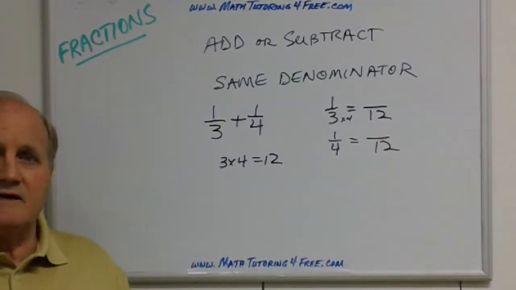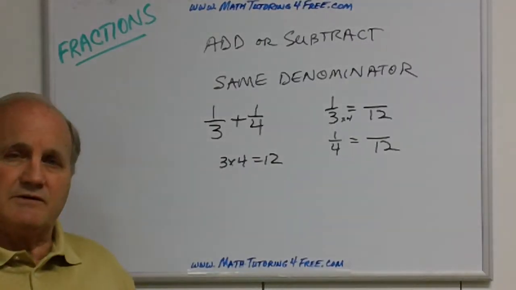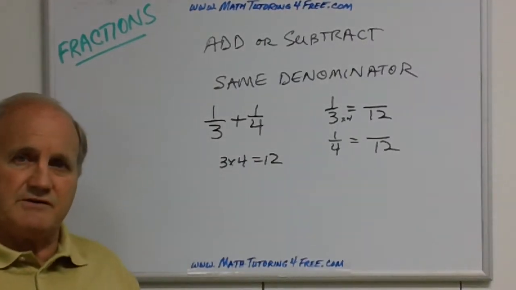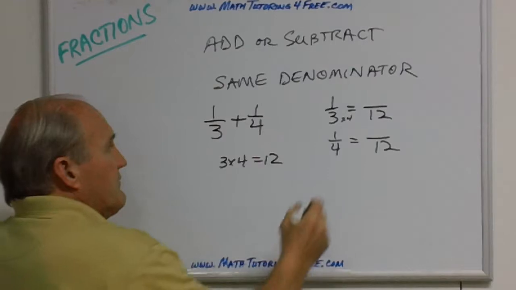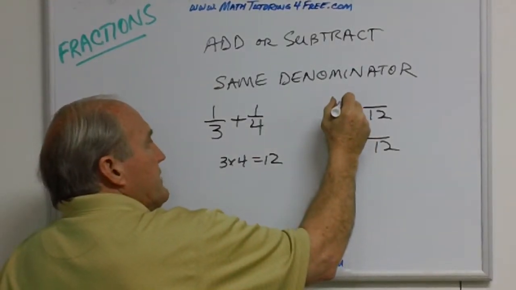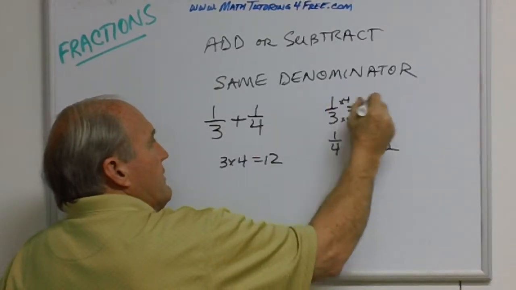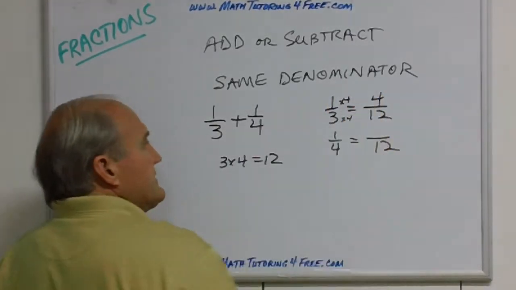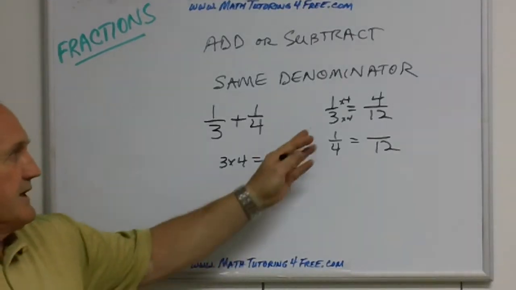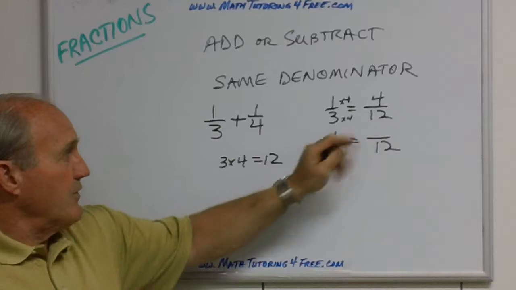What did we say in our last lesson? Anything you do to the denominator, you also have to do to the numerator. So if we're multiplying this denominator by 4, we also multiply the numerator by 4, and we end up with 4/12. So 1/3 is equivalent to 4/12.